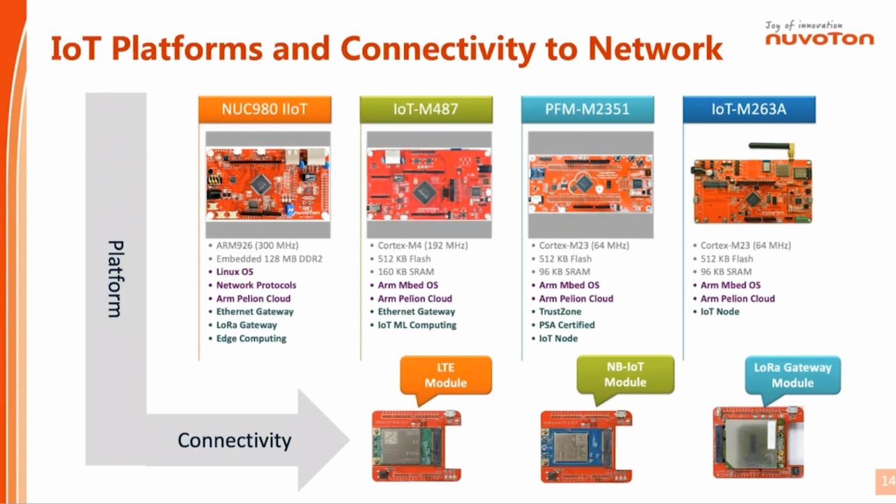The special feature on the board is that it integrates several kinds of wireless connectivity. It includes Wi-Fi, LoRa, BLE, and a mini-PCIe socket for cellular modules, such as LTE or NB-IoT. The last one is the connectivity expansion board for our NuMaker development boards to use LTE, NB-IoT, or LoRa network connection.